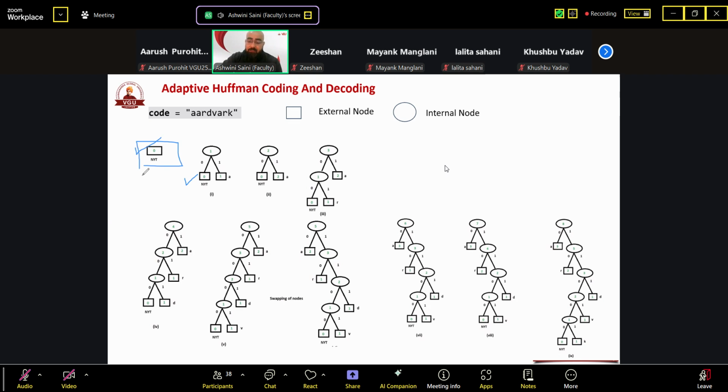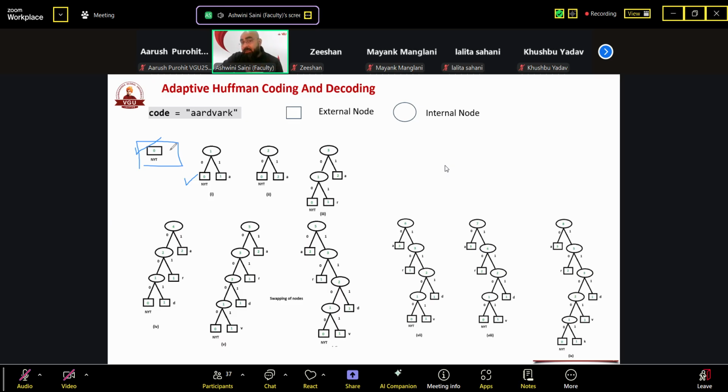I think this is the basic step which you have to memorize. Whenever we are introducing a new character, NYT is used, and the value of NYT is always 0.